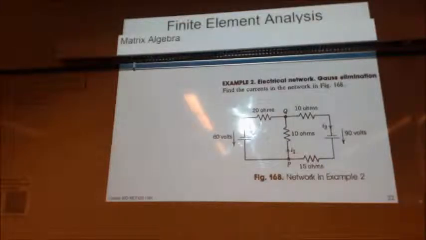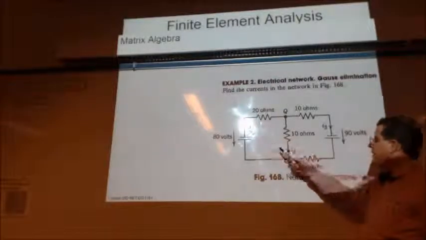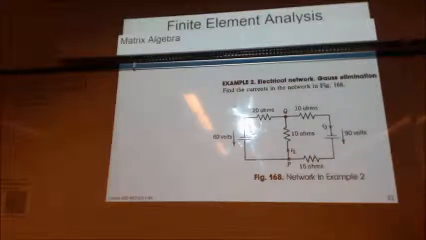So how are we going to use our matrix algebra to solve for the current at I1, I2, and I3? How might we go about doing that? Anybody got any ideas?